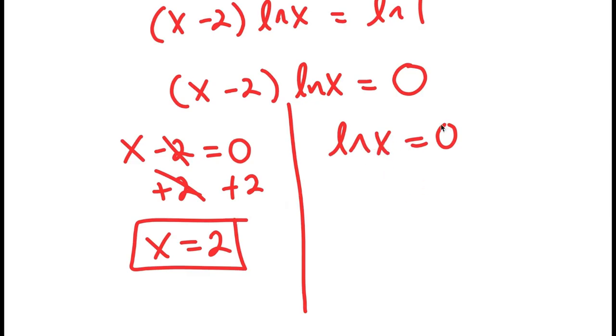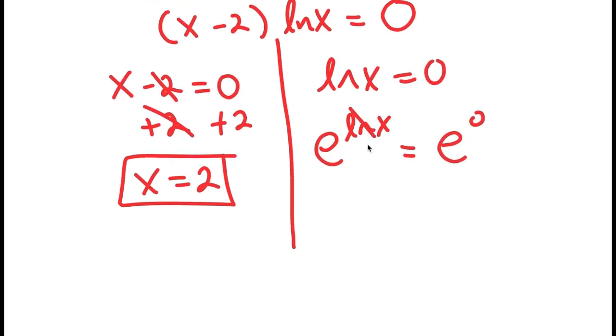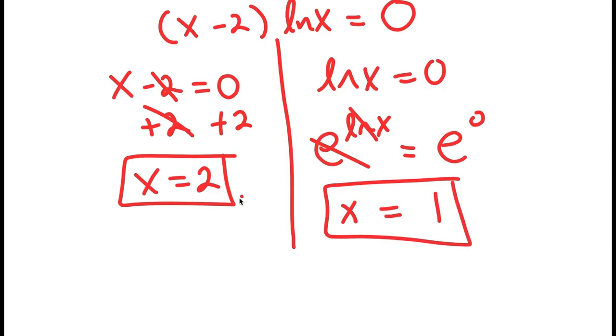For ln x equals 0, I'm going to take e to the power of both sides. So I get e to the power of ln x is equal to e to the power of 0. E and ln cancel out, so I get x is equal to e to the power of 0, which is 1. So my two solutions to this equation are x equals 2 and x equals 1.